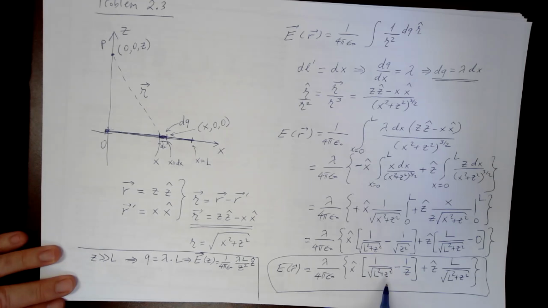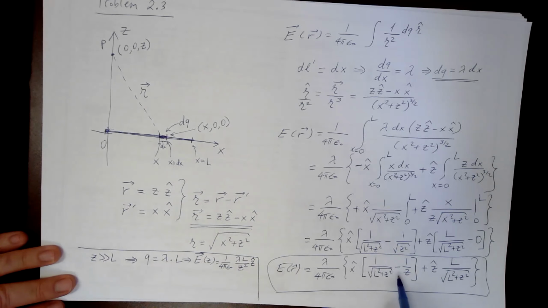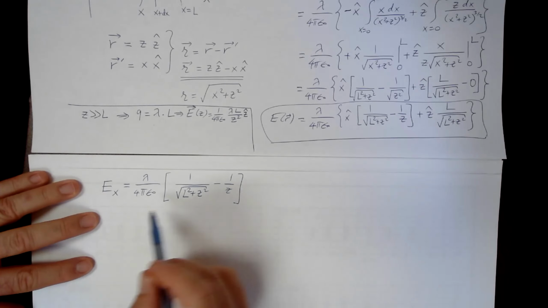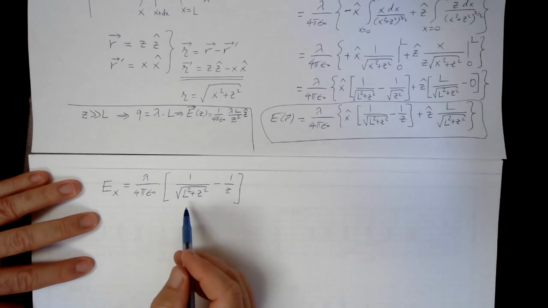If you are sufficiently far away, then we should look at each of these functions for the x component and for the z component, and in the limit, when you have L over z going to 0, what value they're going to approach. Okay, so that's what we're going to do. So the x component, I just copied over.